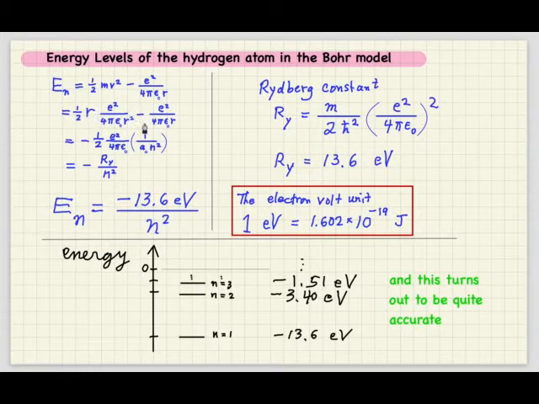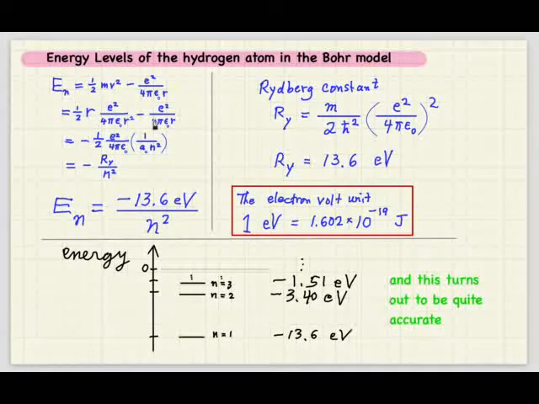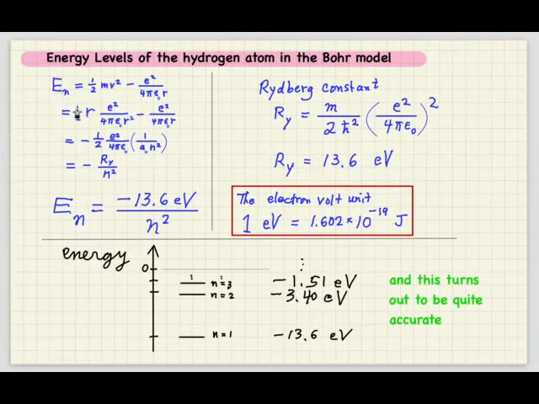Now, you can cancel 1 power of r here, and you see both of these two terms are proportional to the same factor, e squared over 4 pi epsilon 0 r. This one times 1/2, this one times minus 1. So E will be minus 1/2 e squared over 4 pi epsilon 0 r.